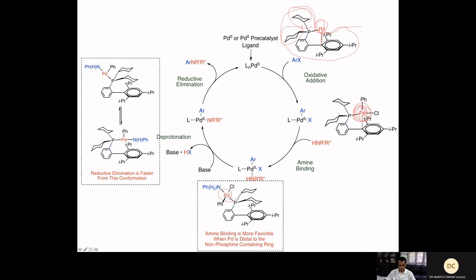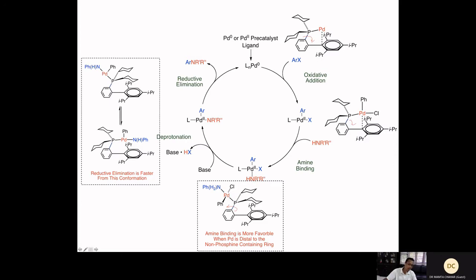It can come out like this over here, and then during the amine binding it is less bulky. Previously it was more bulky, it is now less bulky. Again, for reductive elimination, it can give you a feeling that it is more bulky by swinging in. So what you are seeing here is the fluxional behavior, a fluxional ligand. So right now it is in. Later on it could be out, completely out, right?